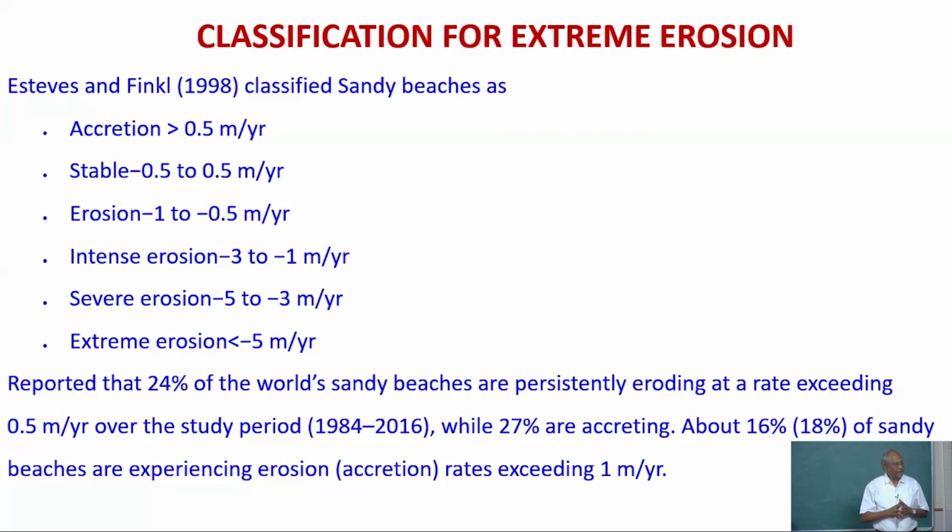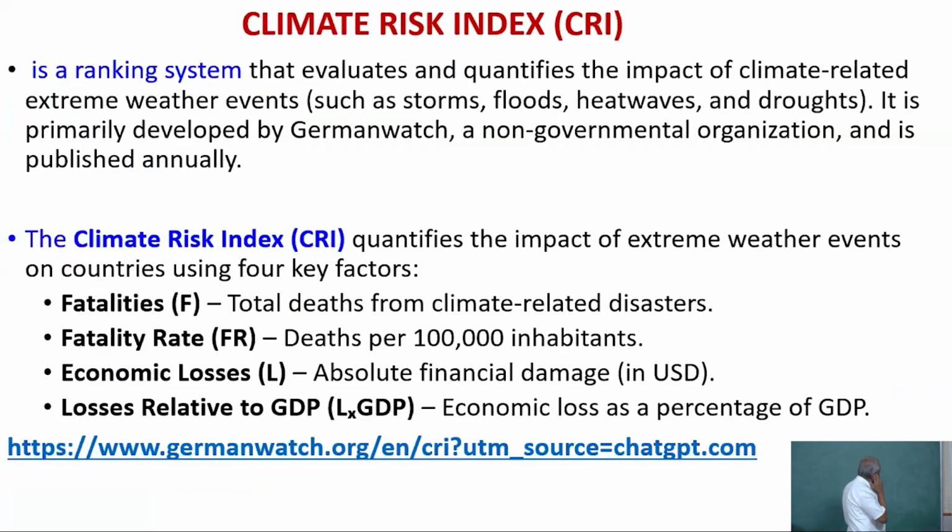In certain locations accretion also is a problem, for example river mouths, and also approach channels. Then about 16 to 18% of sandy beaches are experiencing erosion or accretion rates of about 1 meter per year.